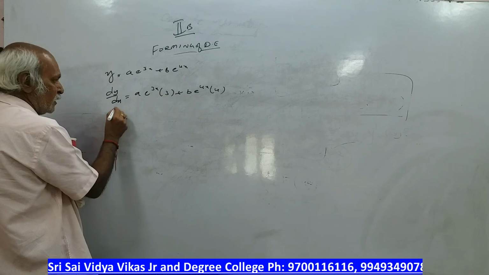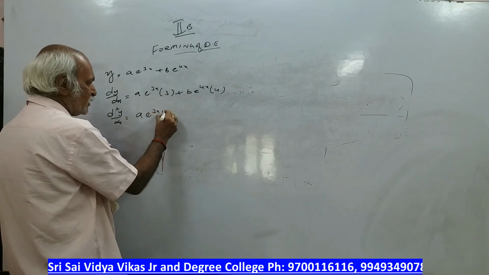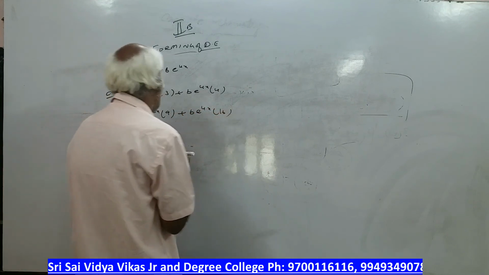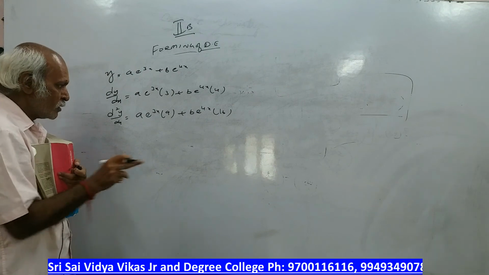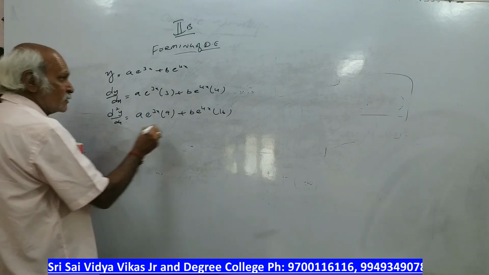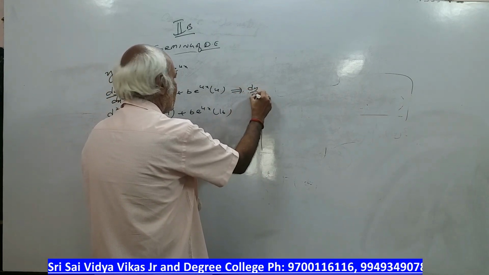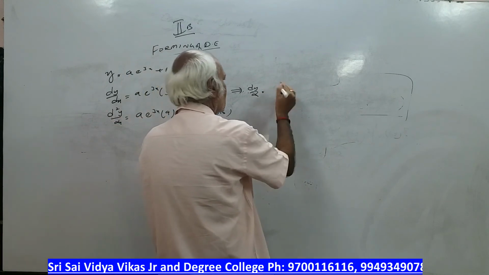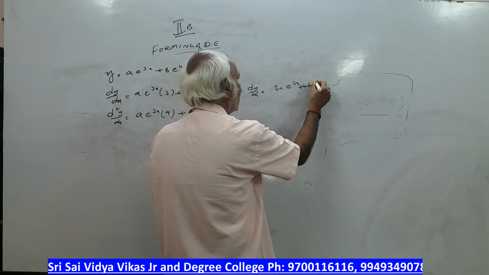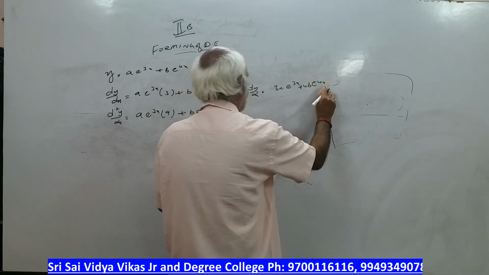So again d²y/dx², a into e^(3x) into 9 plus b into e^(4x) into 16, right? Therefore, dy/dx is equal to 3a e^(3x) plus 4b e^(4x).